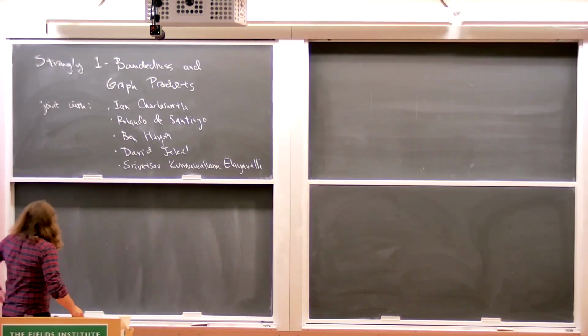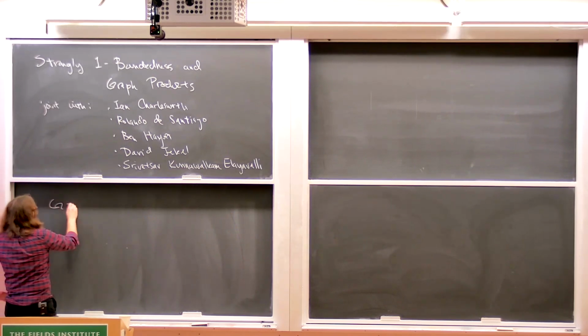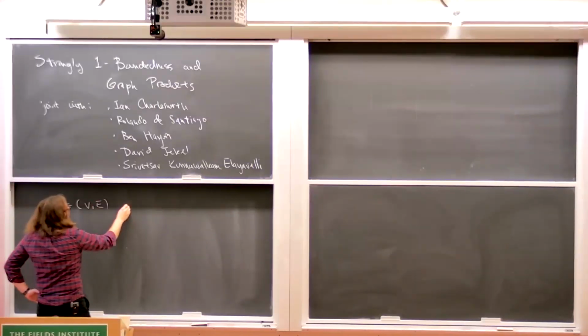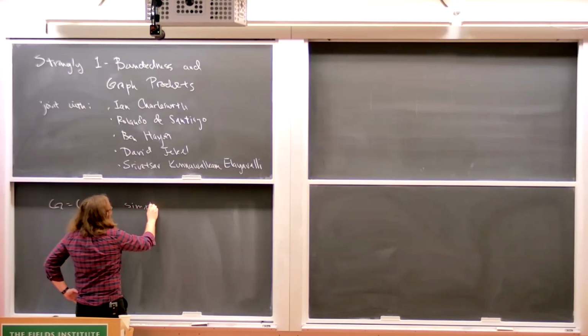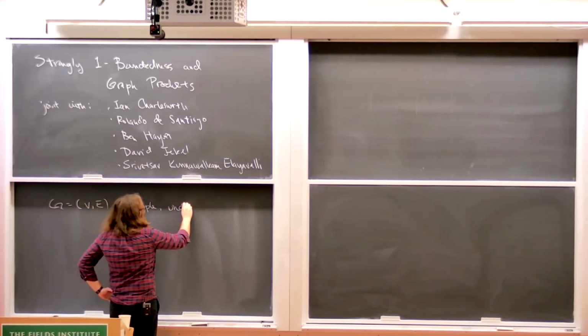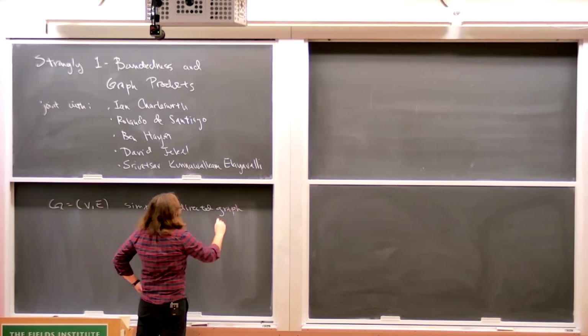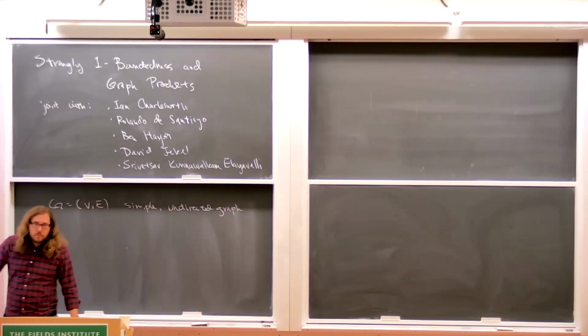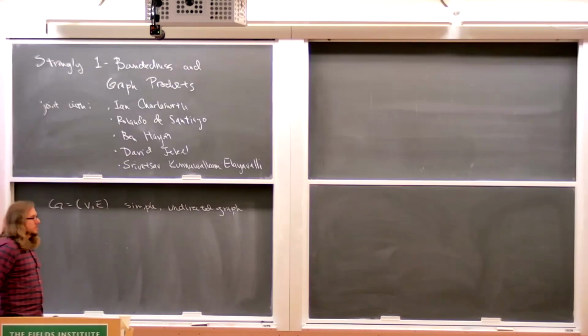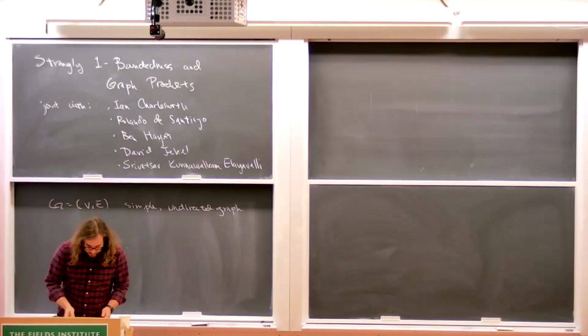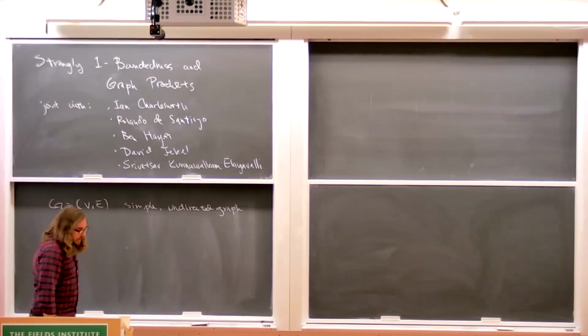So throughout, I'm going to let G be a simple undirected graph. In particular, I'm not going to allow self-loops at vertices, and between two vertices there's either 0 or 1 edges with no orientation.